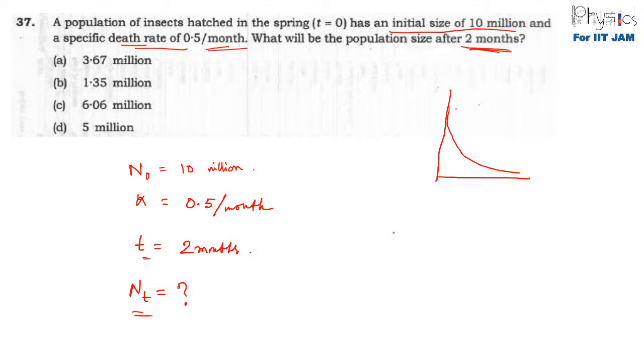The formula is N_t equals N_0 e to the power minus kt. If we put the values, then 10 multiplied by exponential of minus k times t, that is 0.5 times 2, so 10 multiplied by e to the power minus 1, or 10 by e.